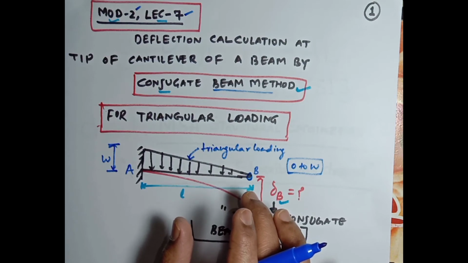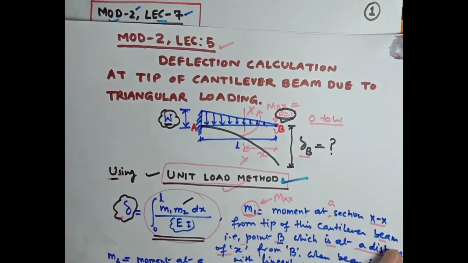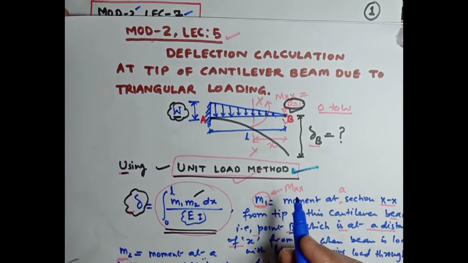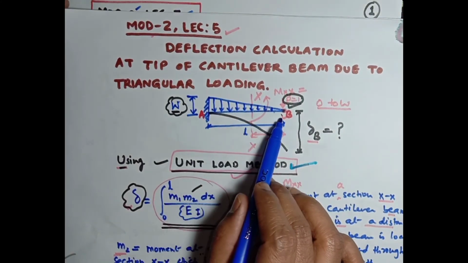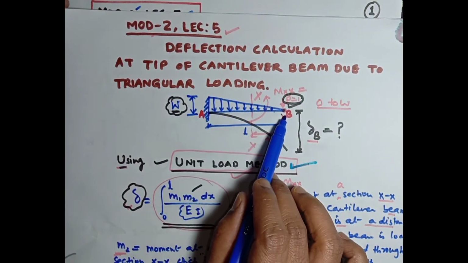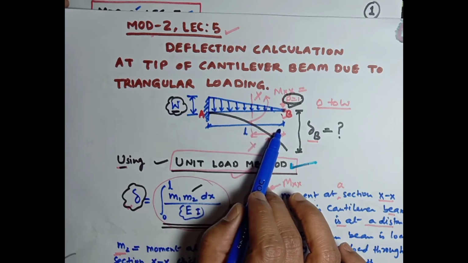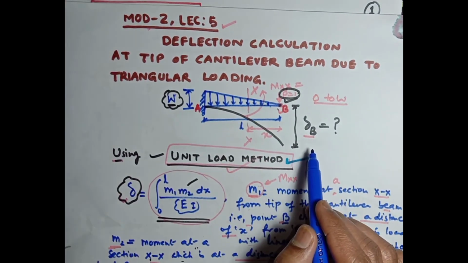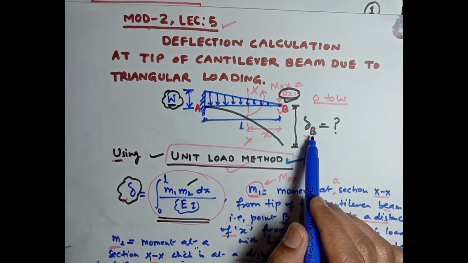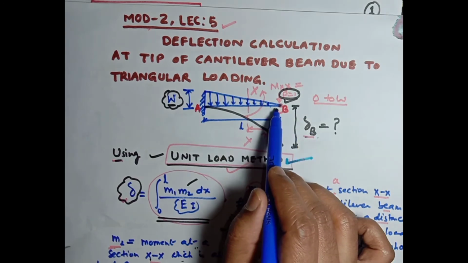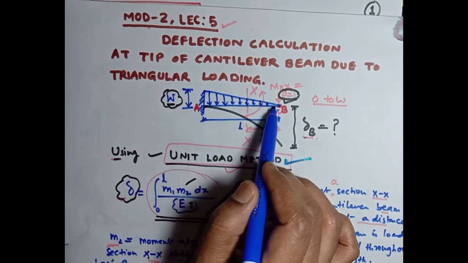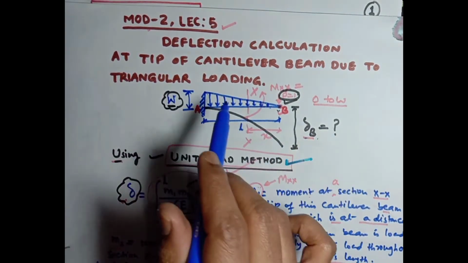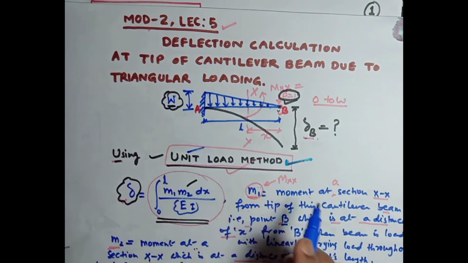If you see lecture 5 for module 2, the same problem statement is here. The beam is a cantilever beam, the length of this beam is L. We have derived the general expression for deflection delta B at the tip of this beam, which is subjected to a triangular loading. Maximum value is W, but using the unit load method.